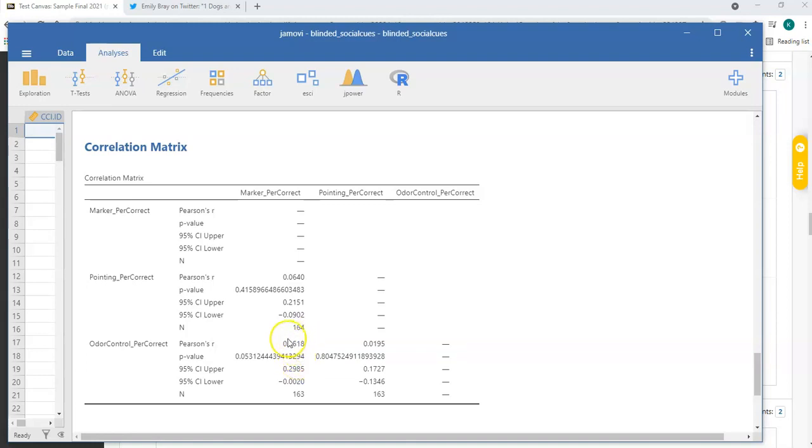Well, again, this is a small correlation, it's close to 0.1. And then here's your p-value, which is moderately strong evidence that there does seem to be a small positive correlation between the way the puppies performed on the marker task and the odor control task, whatever that is.